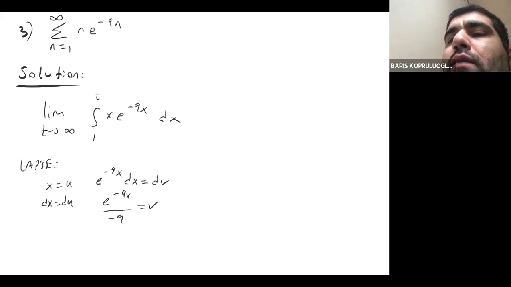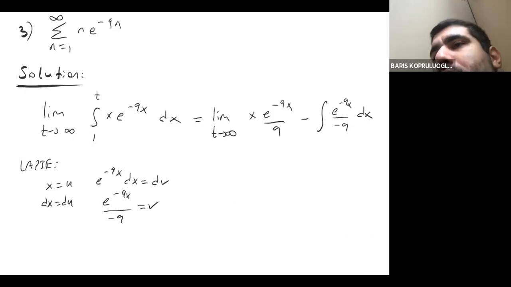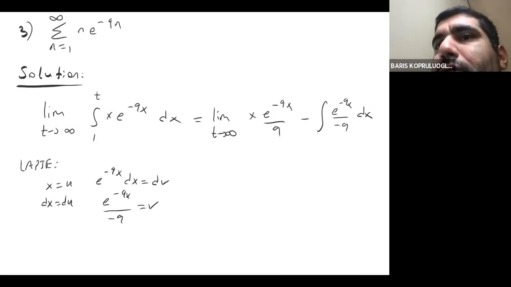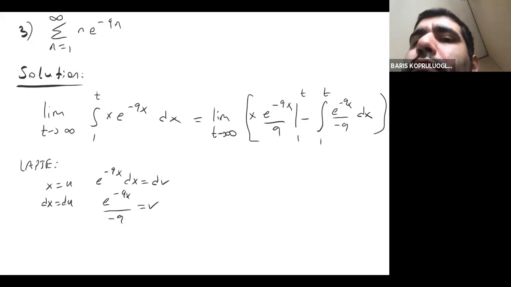Then we'll have this limit as t goes to infinity, x times e to the power of negative 9x over negative 9, minus the integral of v du, e to the power of negative 9x over negative 9 dx. Right?